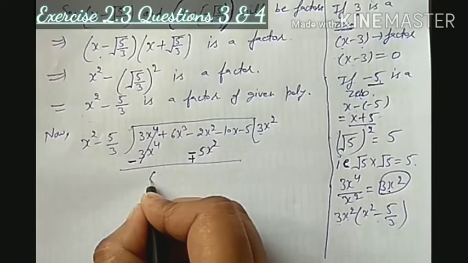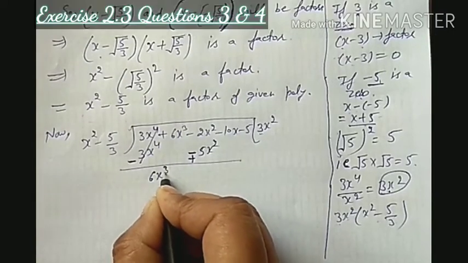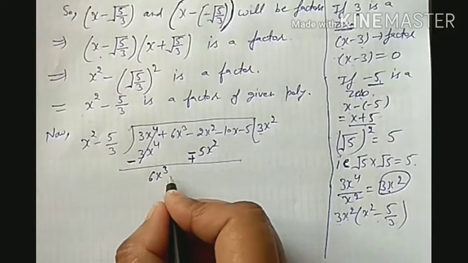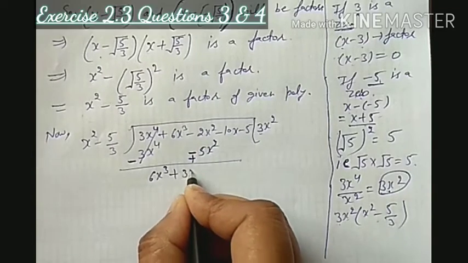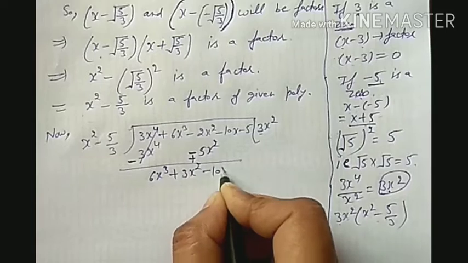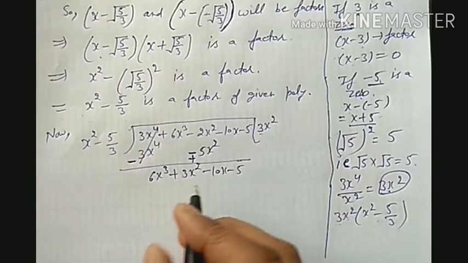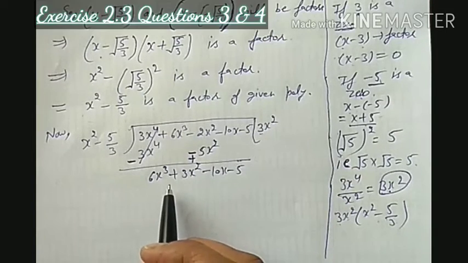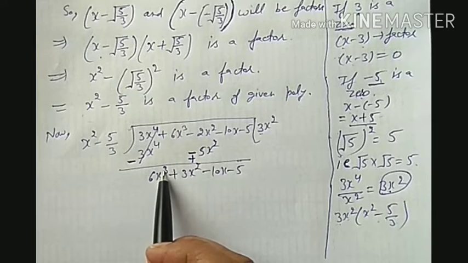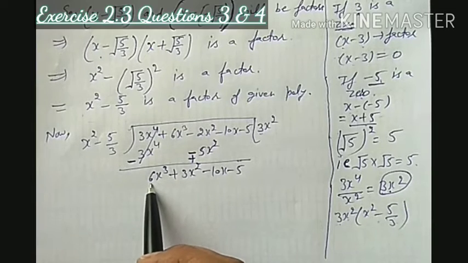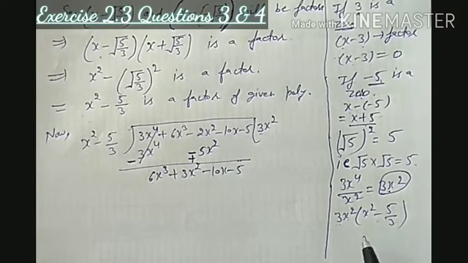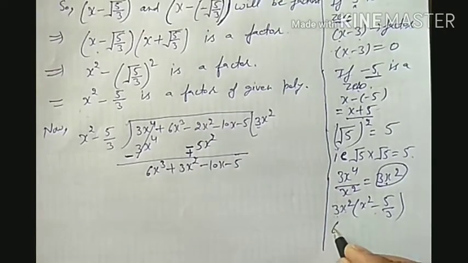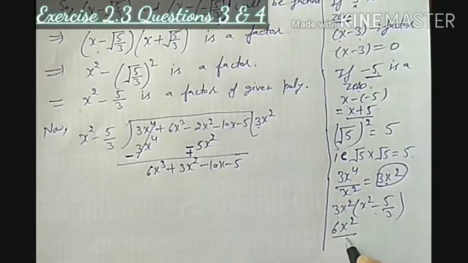Here 6x cube plus 5 minus 2 plus 3x square minus 10x minus 5. Now it will work as dividend and the highest degree is 3. So again it will be our first term of dividend and again divide by the divisor's first term.